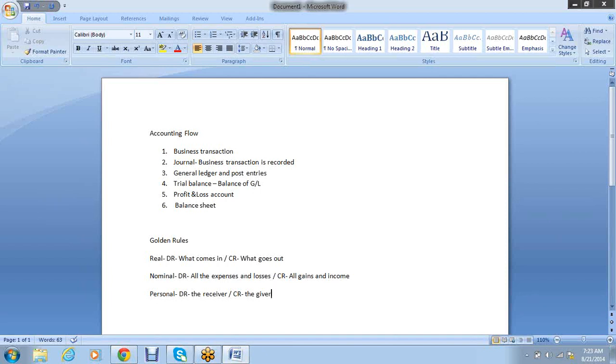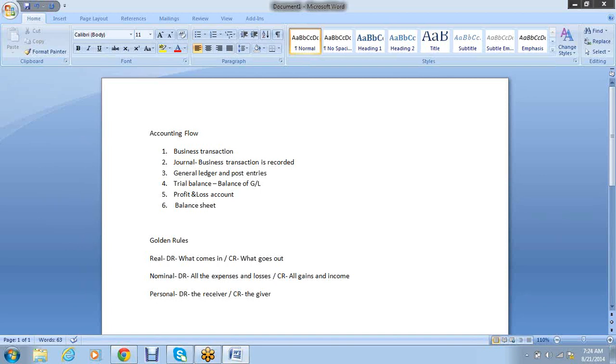With the golden rules, in the personal account we debit the receiver because he is receiving some goods, but however he is going to pay some amount to the creditor, so that's why he is a debtor.